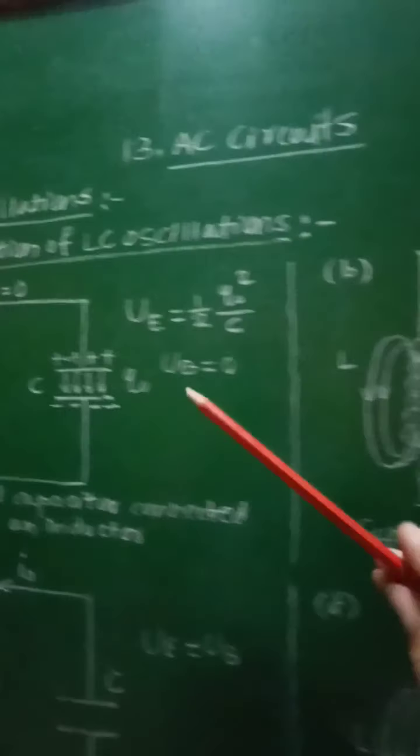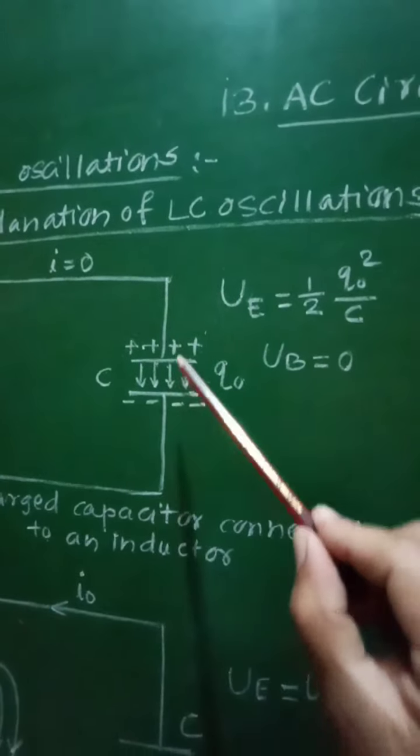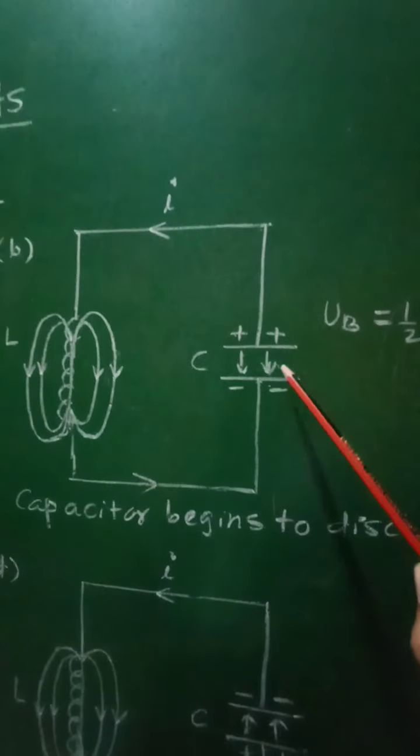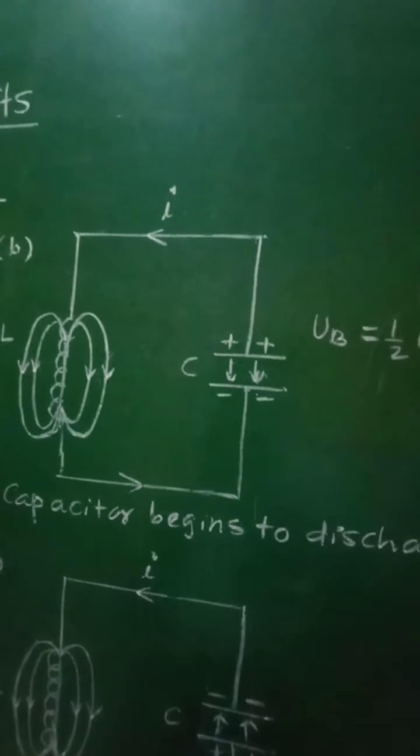In the first case, a large amount of charge is present on the plates of the capacitor as it is fully charged. Now here it is discharging, and therefore the number of charges present on the plates of the capacitor decreases.